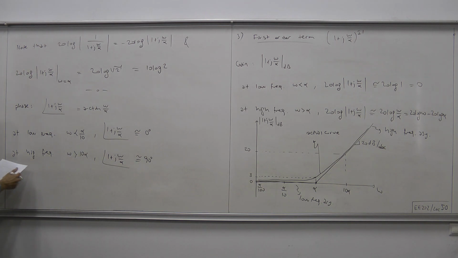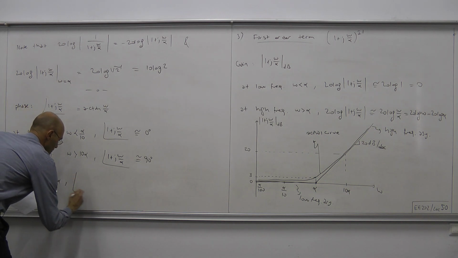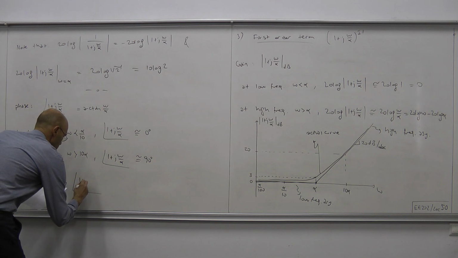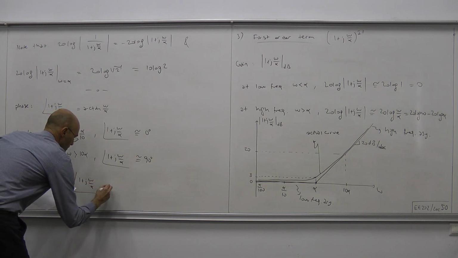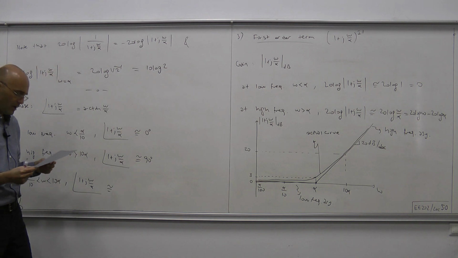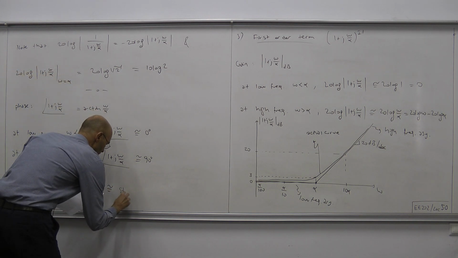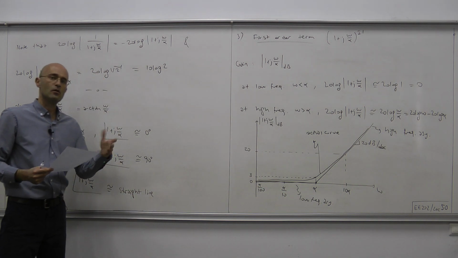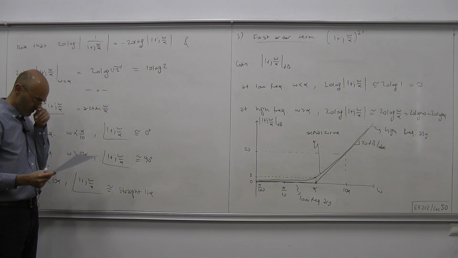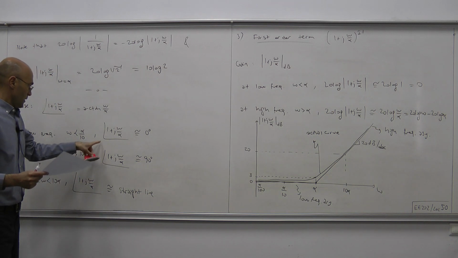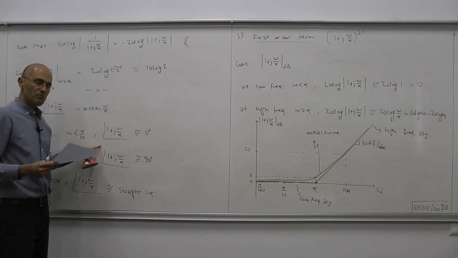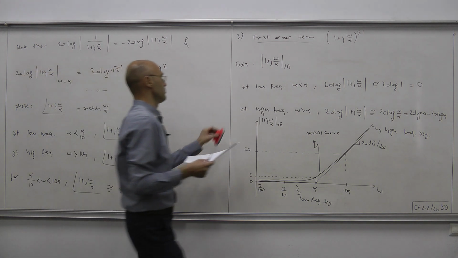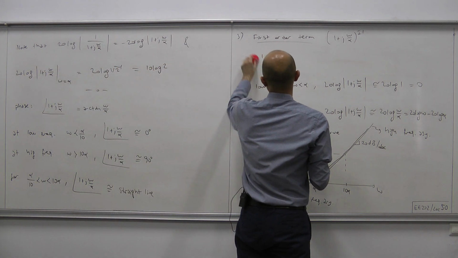For those frequencies, 1 plus j omega over alpha can be approximated by a straight line, in log frequency scale, of course. So let's put these on a plot and obtain the phase diagram.